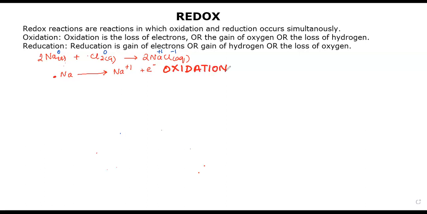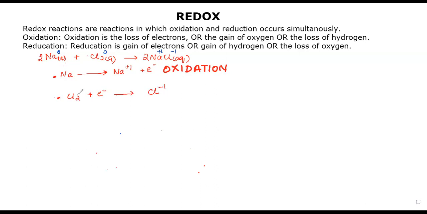And if we take a look at the second one, that's chlorine. Our chlorine over here is becoming Cl minus 1, meaning that it is gaining an electron. Now, we have to remember that we have two atoms of chlorine, right?